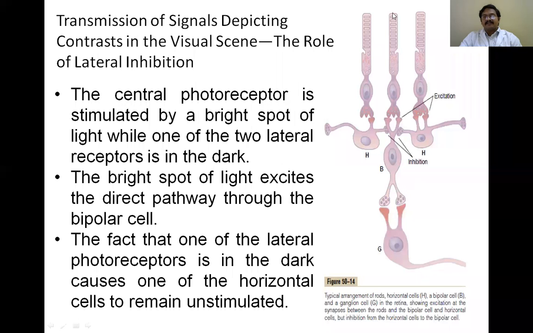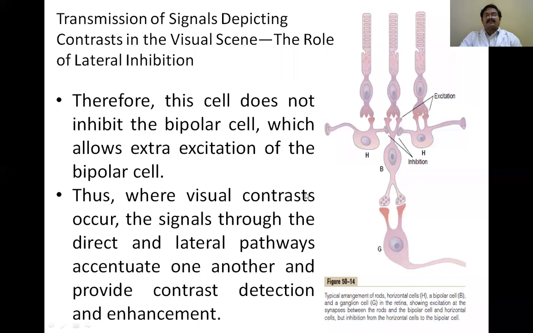Therefore, the horizontal cell does not inhibit the bipolar cells, which allows extra excitation of the bipolar cells, where the visual contrast occurs. The signals through the direct and the lateral pathway attenuate one another, providing contrast enhancement.